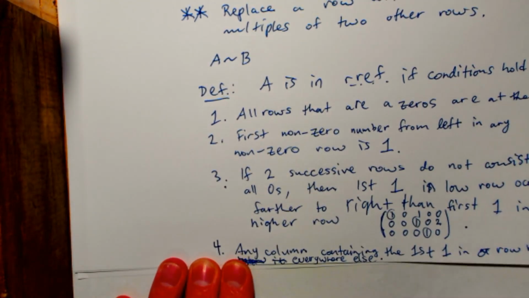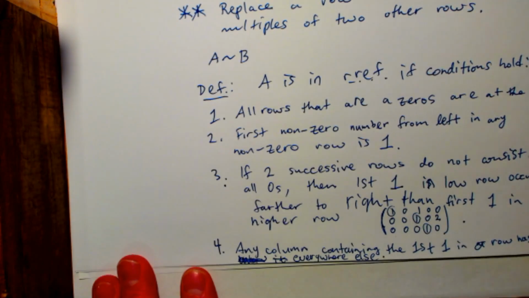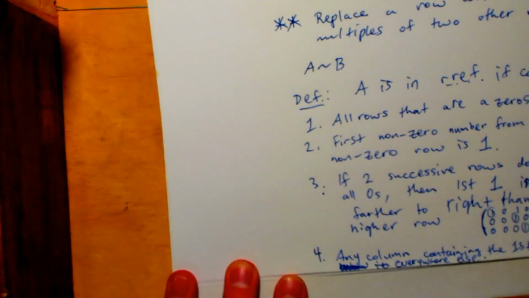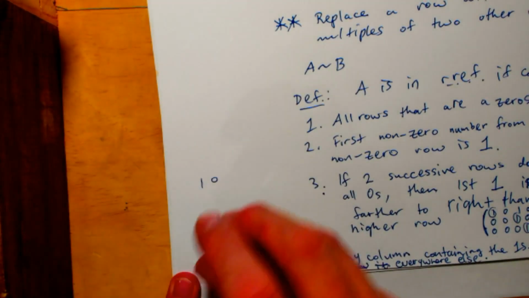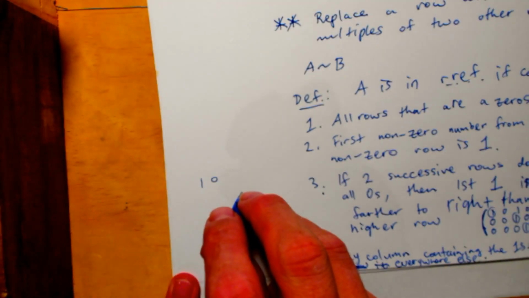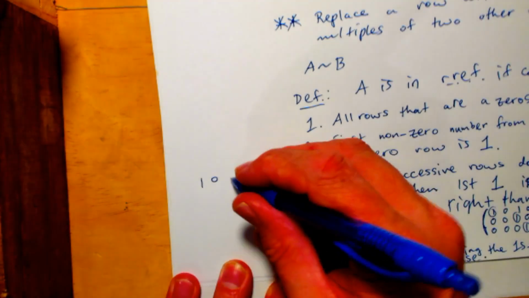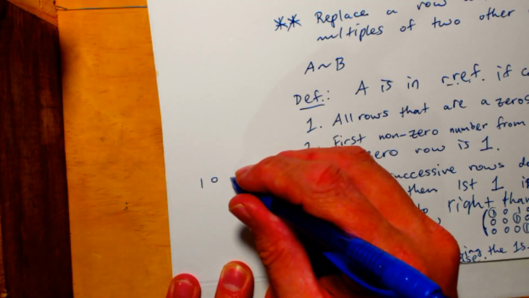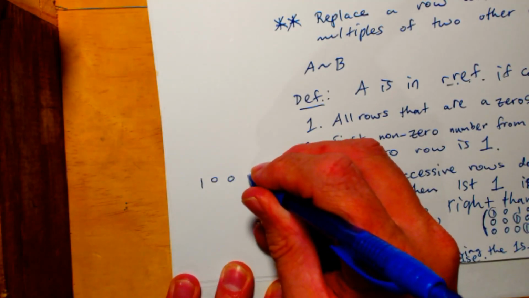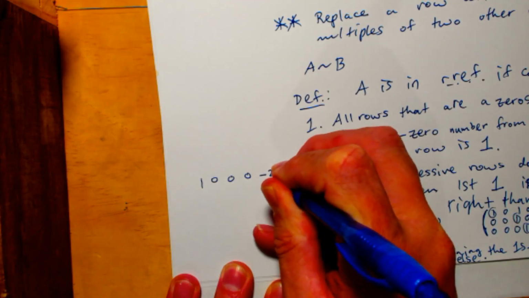Right, and so let's just give an example of that by modifying this matrix somewhat. So we have 1, 0, let's see, I'm going to subtract row 2 from row 1. So 0, 0, then we would have minus 2.